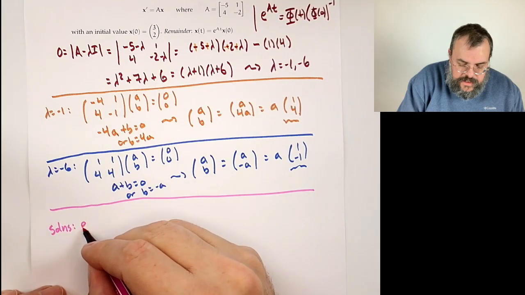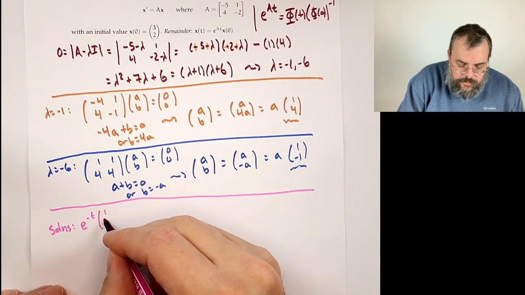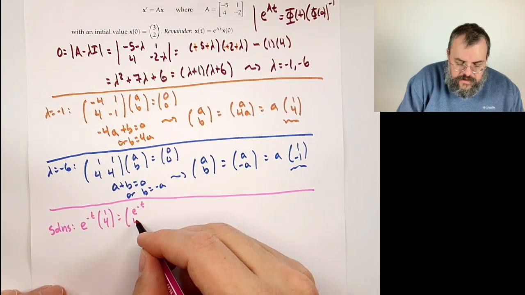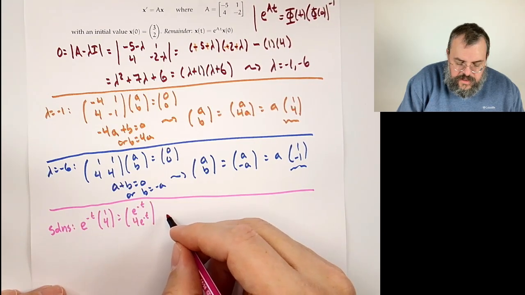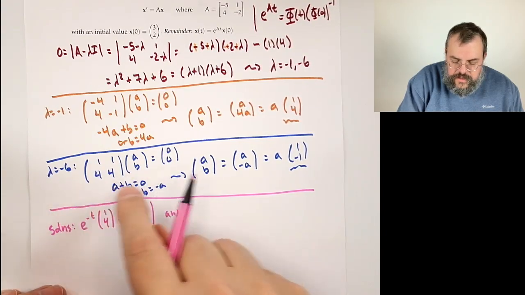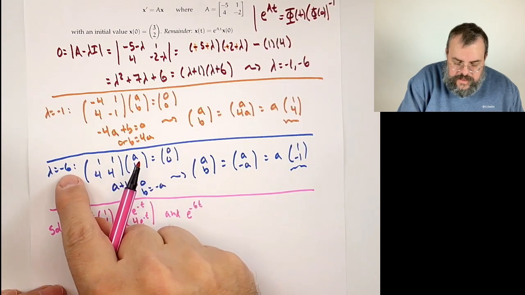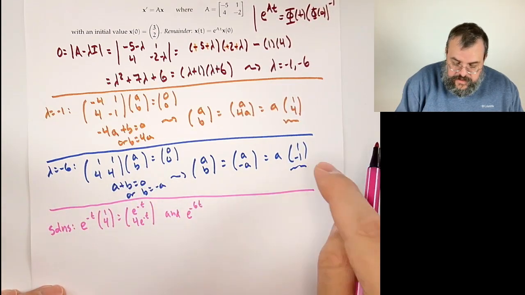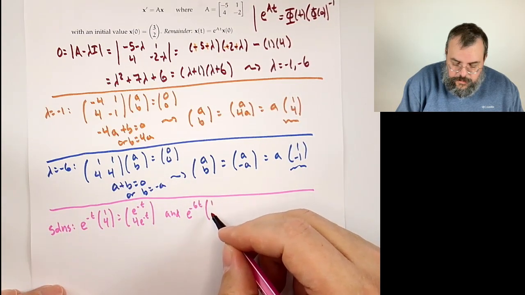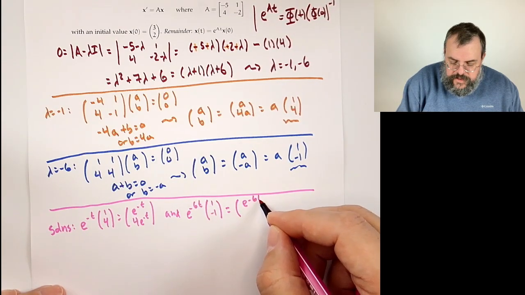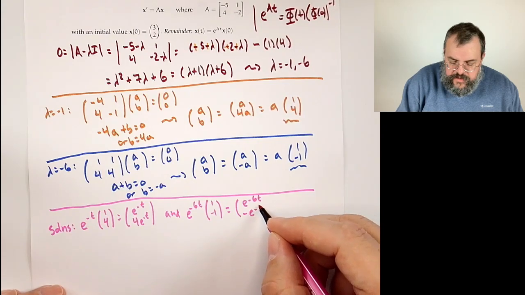So e to the minus t times 1, 4, which we write as e to the minus t, 4 e to the minus t. And here, e to the minus 6t times the vector 1, -1, which we'll write as e to the minus 6t, minus e to the minus 6t.